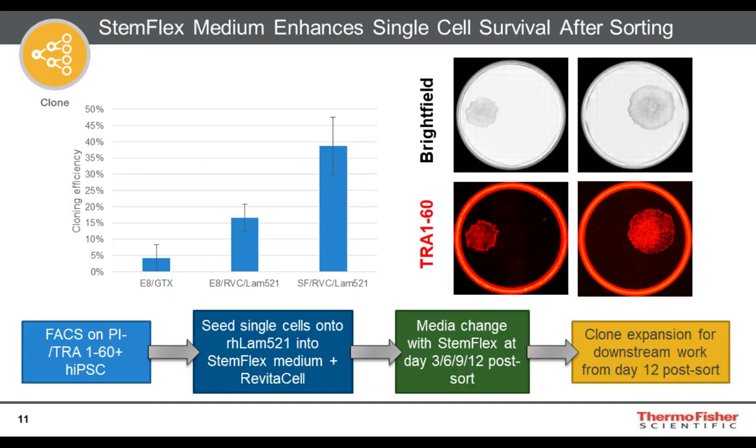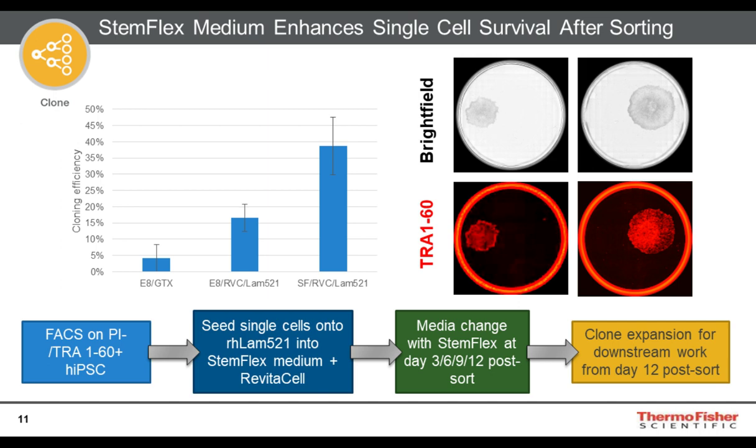And in a nutshell, what we observed was that under standard conditions, and now I'm looking at the histogram plot on the left, the standard media conditions such as Essential 8 and Geltrex didn't really reliably yield any single cell clones. However, when we started adding our RevitaCell supplement as well as laminin 521, we noticed that we could slightly increase the efficiency to 10 to 15% of single cell survival.